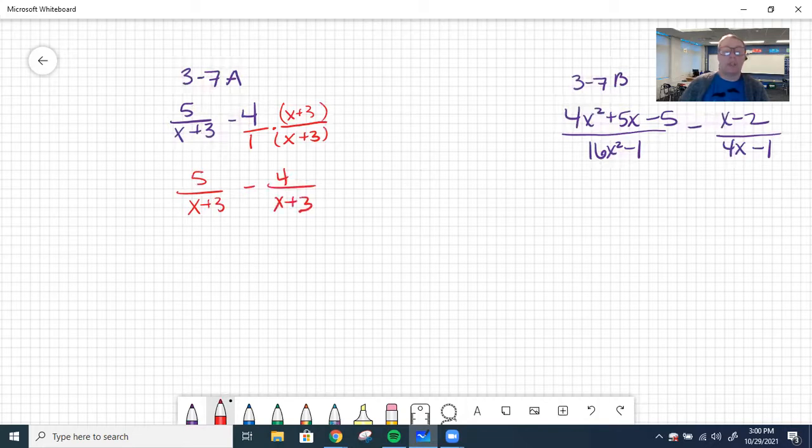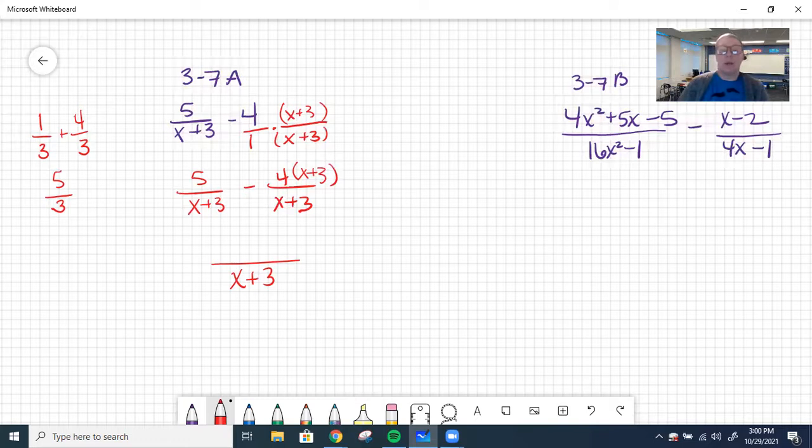And when we add fractions, like if you had something simple like 1/3 plus, I don't know, 4/3, you would say 1 plus 4 is 5/3. So when you add fractions, you keep the denominator. And then, whoops, what did I forget here? The x plus 3. Somebody was probably in the background shouting, you forgot the x plus 3.